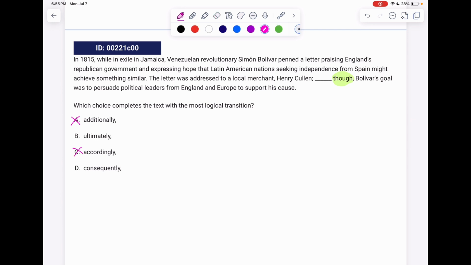Looking at D, consequently is also a cause and effect transition. Again, like we said, Bolivar writing the letter to Cullen did not cause him to have this goal. That was the goal all along. So consequently would not be the right transition. So we'll go for ultimately on this one, again, because of the word goal.